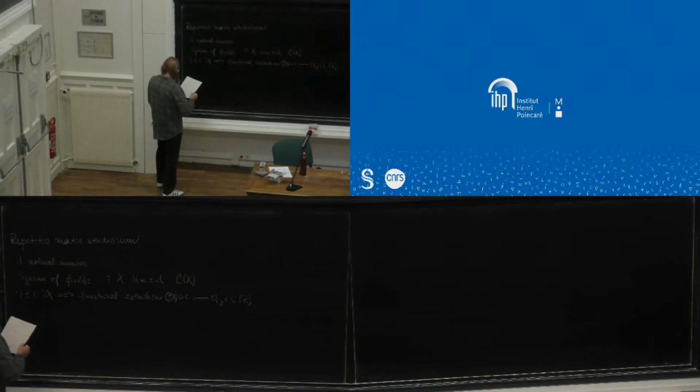So this is one piece of data, and another piece of data is a gluing.